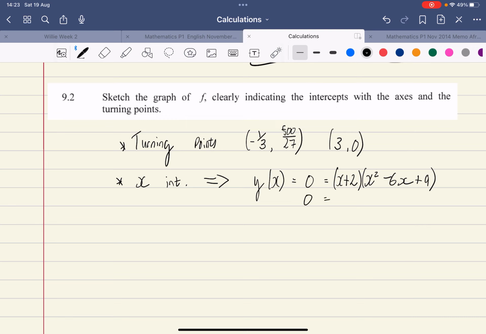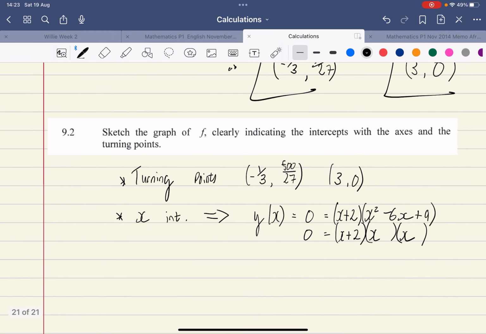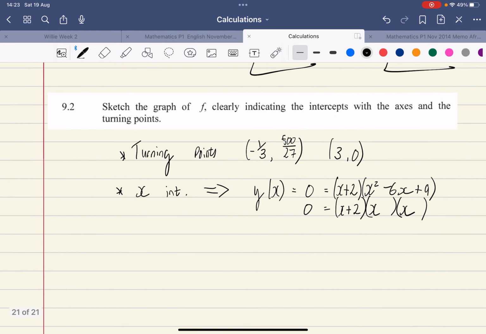So let's do that. (x plus 2)(x ...). Remember I was talking about that rule with the signs when factorizing quadratics.